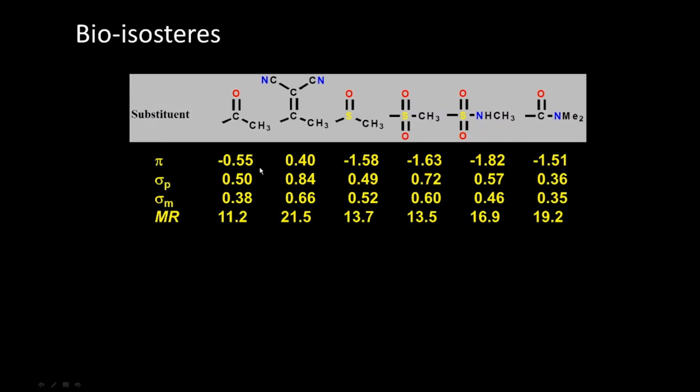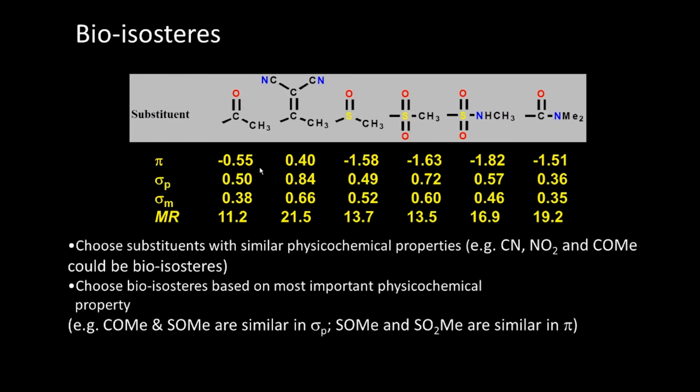So understanding bioisosterism is very, very important if you want to substitute new functional groups, okay, to improve the activity. Choose substituents with similar physicochemical properties. Okay, look at CN, NO2 and COMe. They could be bioisosteres.